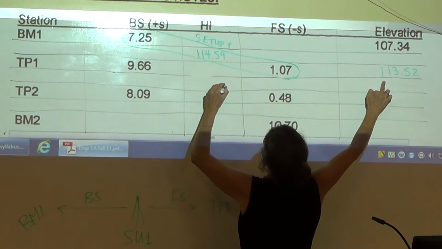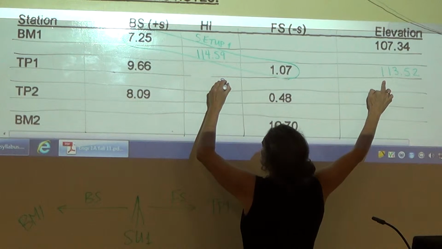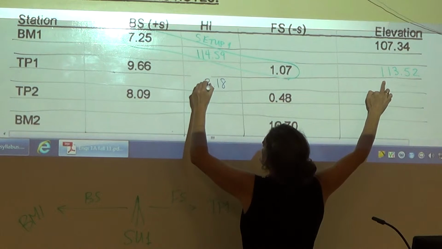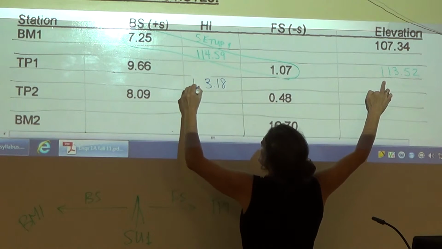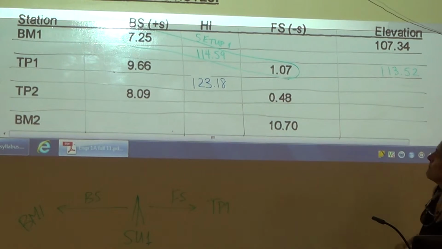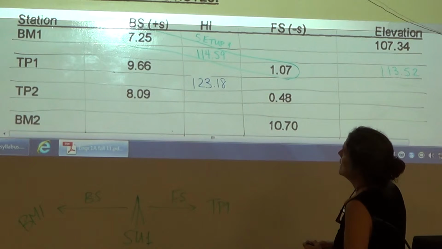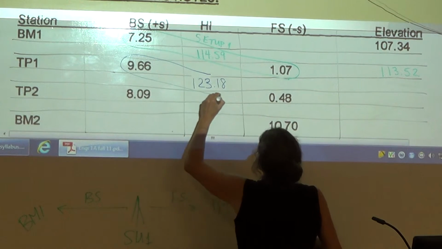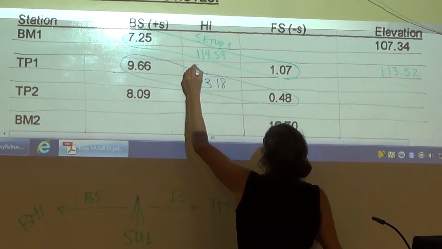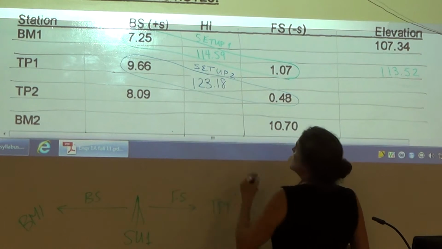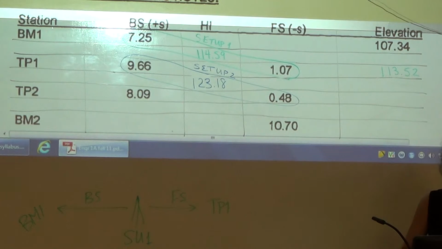Add these two numbers, I get 123.18. And what do these three numbers represent? Setup 2. Does that make sense?